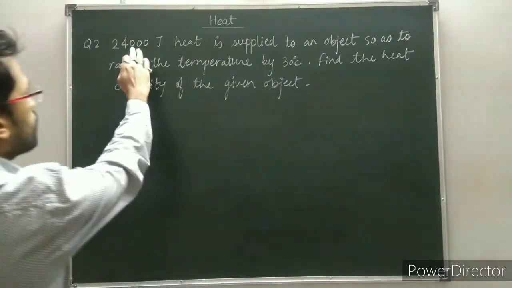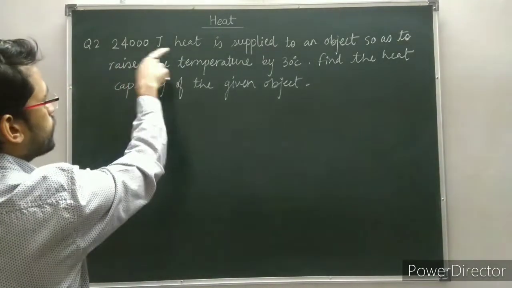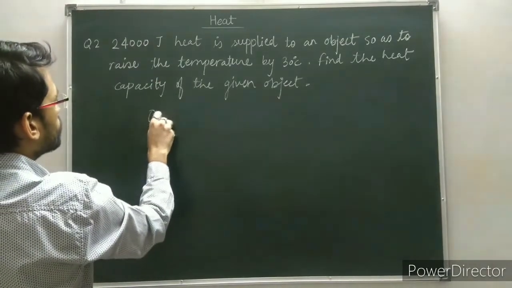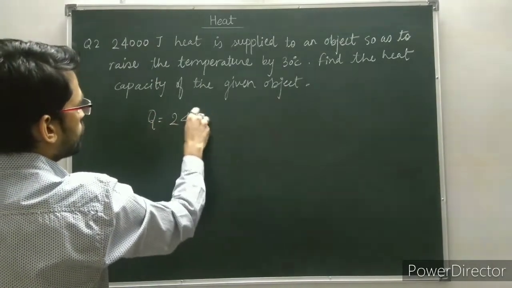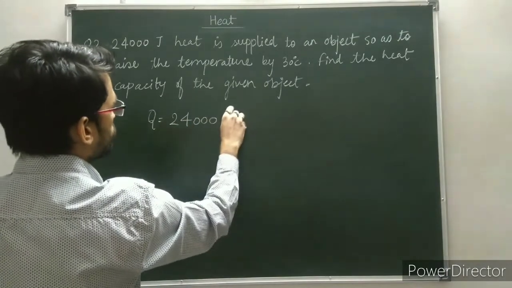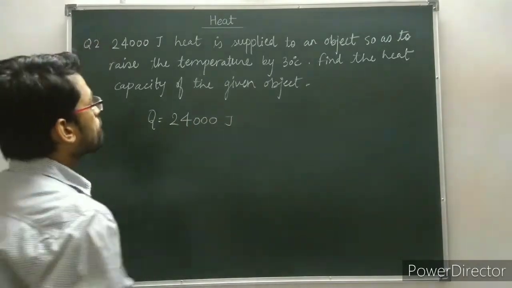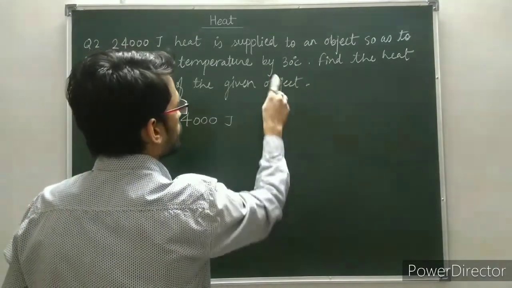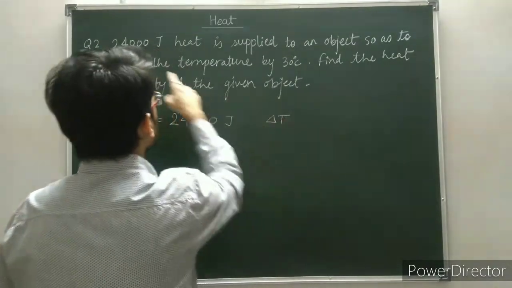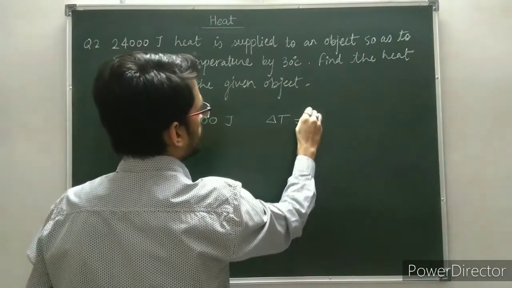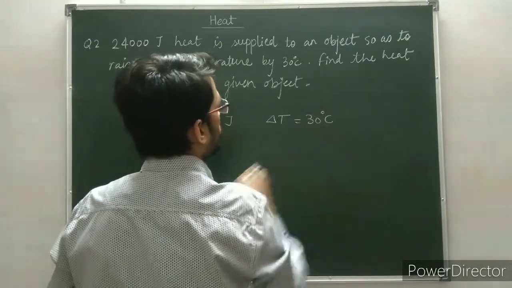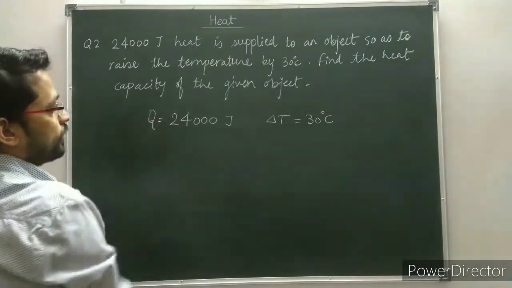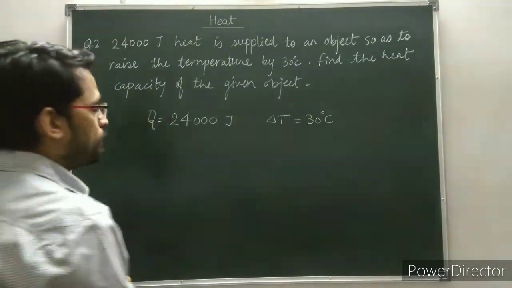First of all, write the quantities given in the question. First is the heat Q, that is 24,000 joule, and the change in temperature is given, that is 30 degrees Celsius, and we have to find the heat capacity.